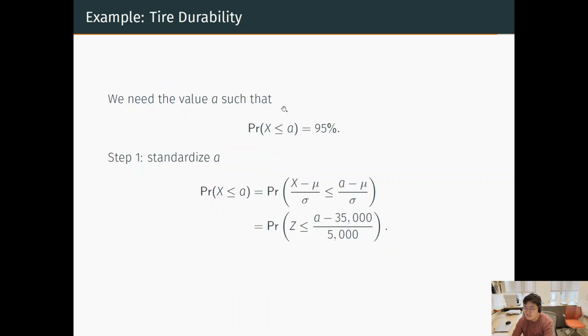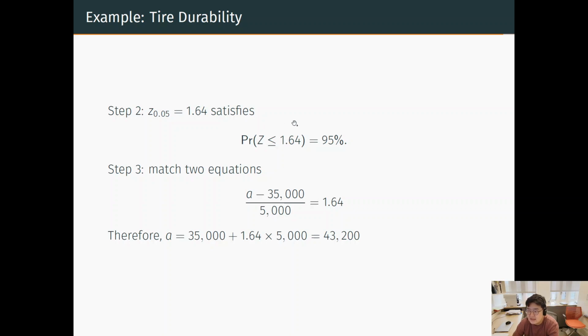So we can write it this way. 95% cannot last up to A. Like their life is less than A. That is 95%. Step 1, standardization. We have A minus the mean divided by the standard deviation. That's all we can do here. But as I said, we may use the knowledge from the standard normal distribution. 1.64 satisfies this equation.